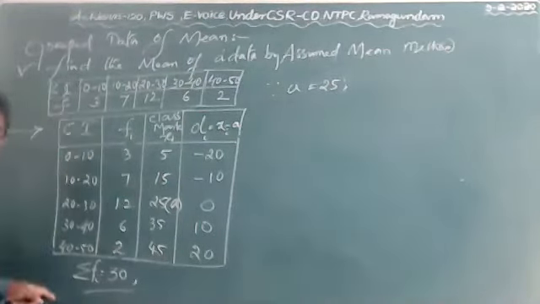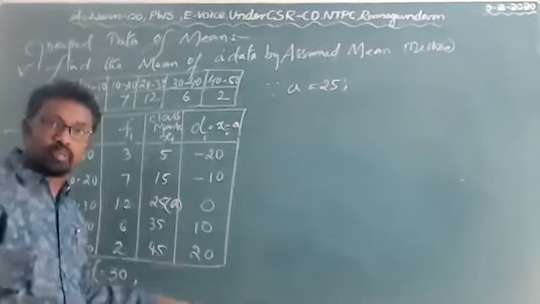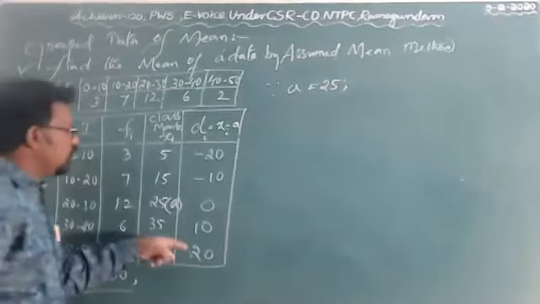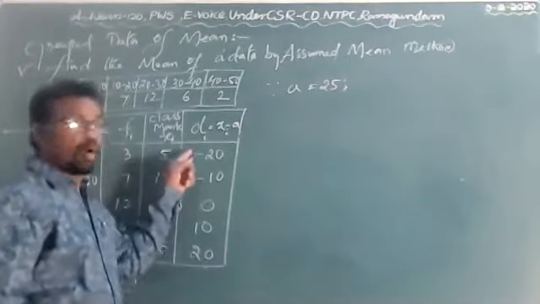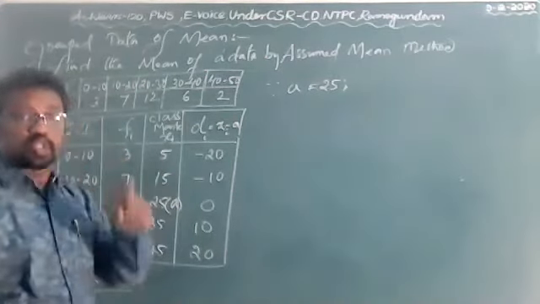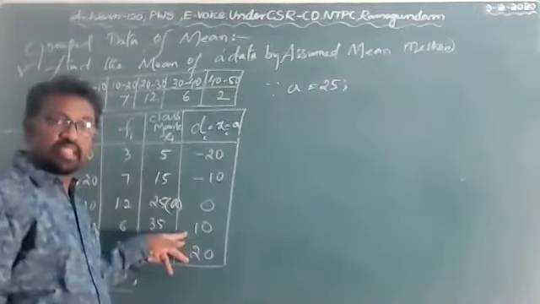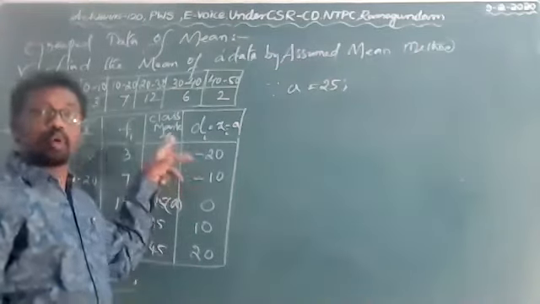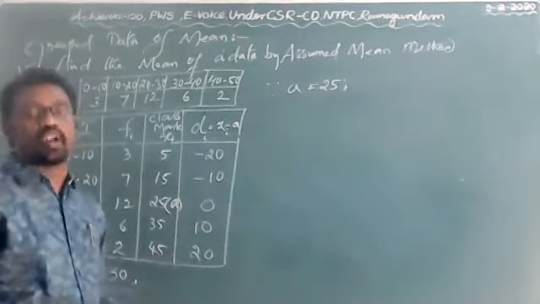If it is in descending order, you will get positives here and negatives there. This is most important.